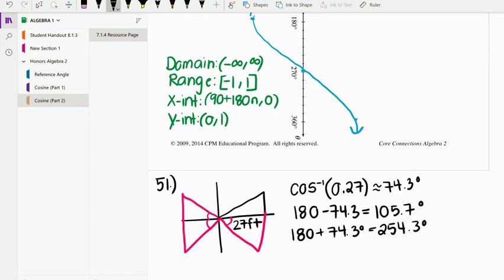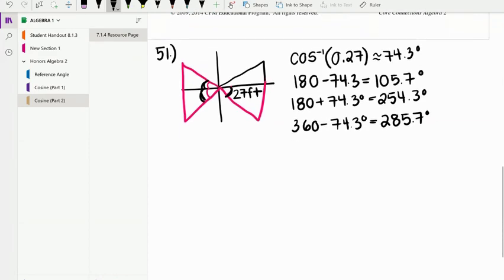And so I just found this angle right here and that angle. Now to find this last one, I would do 360 minus 74.3, and that would give us 285.7. So although those are all different angles, they all have the same reference angle, and so they would all yield that same cosine value.